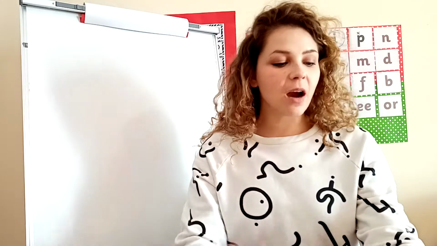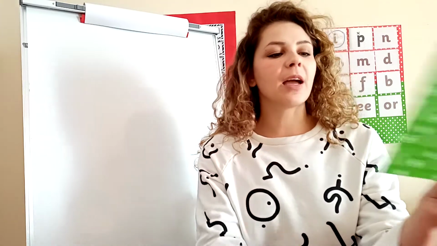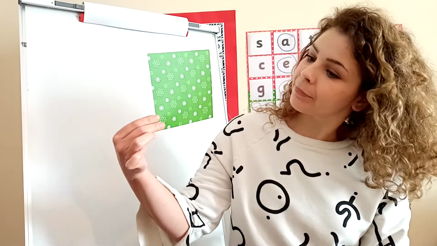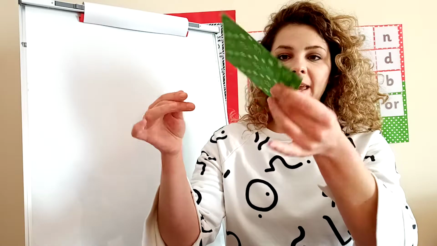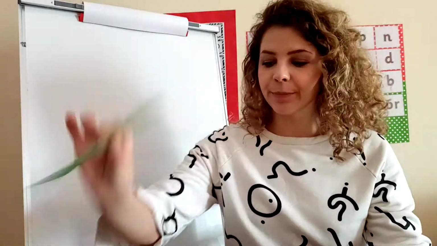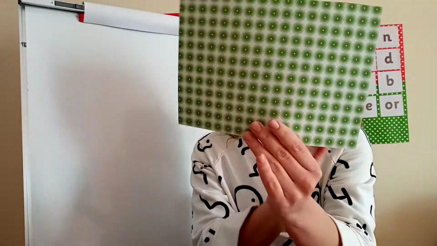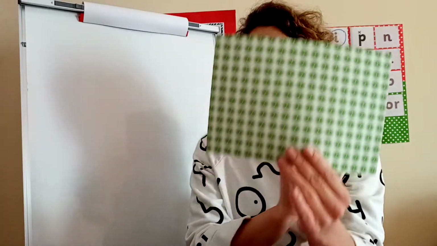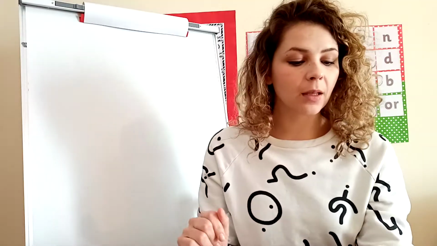Okay, so let's start with something simple. What is this? This would be a square, yes? Made of a very interesting piece of paper. So square. What is this? This would be a rectangle. What is this?